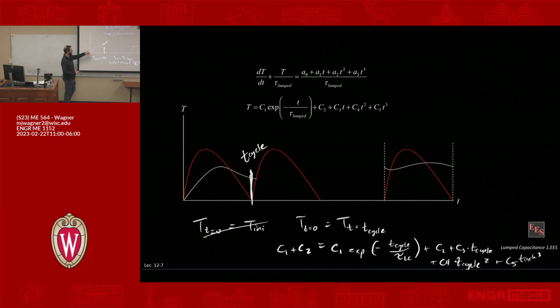You're forcing the problem to solve for the value of C1 that's always going to be true. It's just saying that this thing has to repeat itself. If you're doing a numerical solution, which we'll get to, then you always want to start at some known condition, and you might need multiple cycles to come to this cyclical steady state. That's something you need to evaluate, and I think we'll see examples of that.